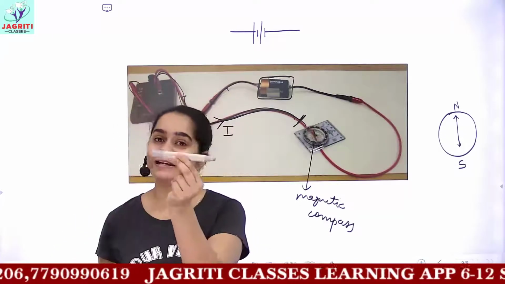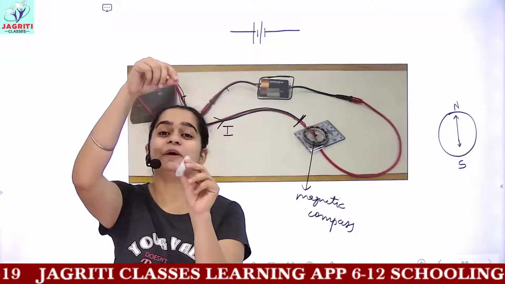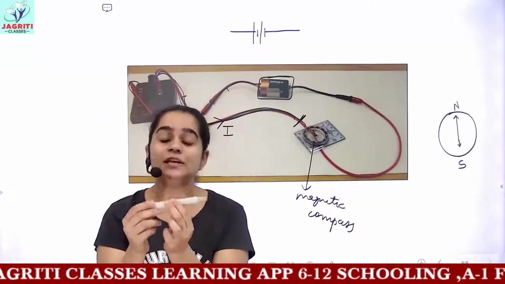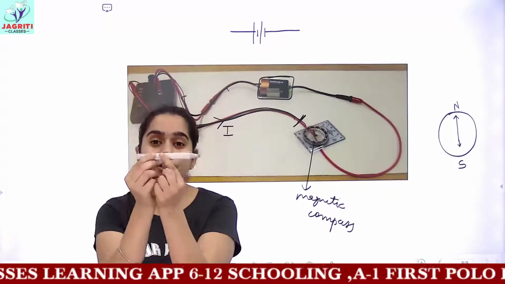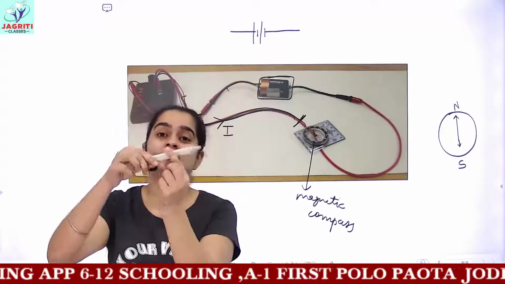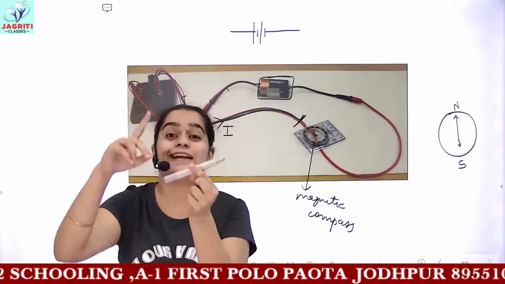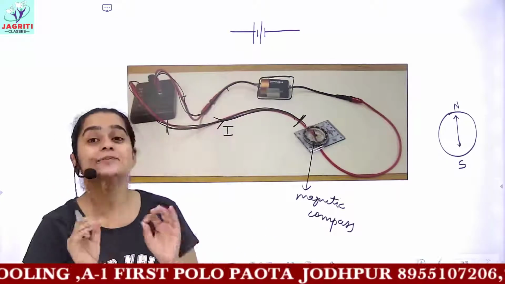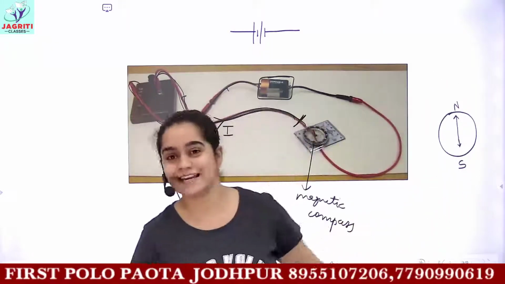You take a magnet and tie it with a thread, and now you freely suspend the magnet. This magnet, after rotating for some time, would attain a fixed position, and this fixed position would always be in the north-south direction. So a freely suspended magnet always points in the north-south direction.